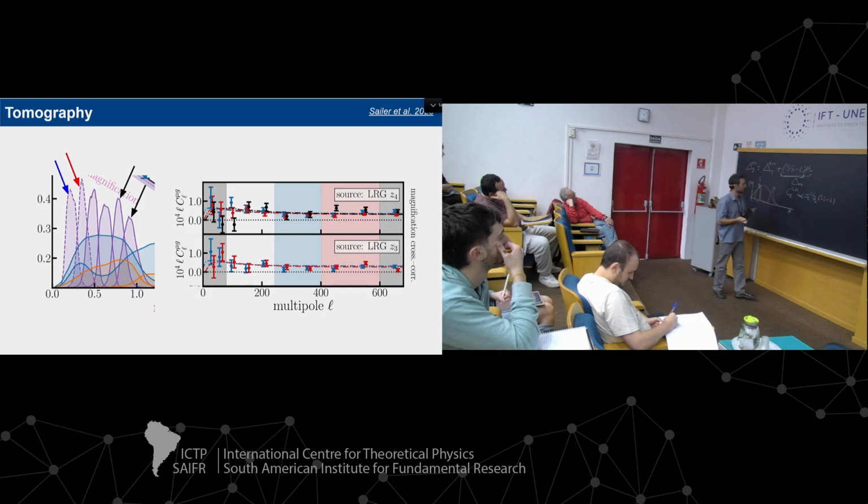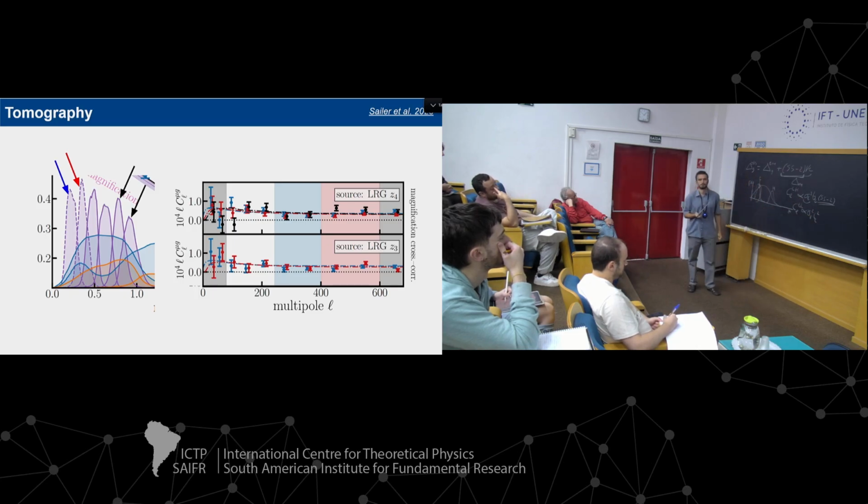Because it doesn't receive any contribution from the actual clustering of the high redshift galaxies, right? And this we know. This we don't know. And this is what we want to calculate. But this we don't know, but we can just get it from C_LL, right? C_LL will be sigma 8 squared, B_L squared, let's say, right? So we combine these two, and then we can figure out what sigma 8 is.